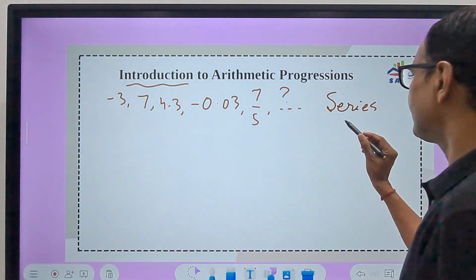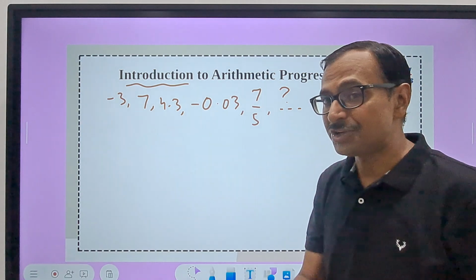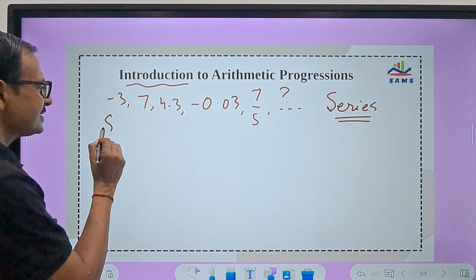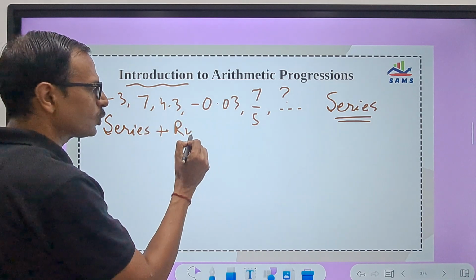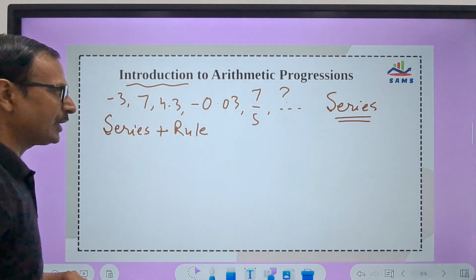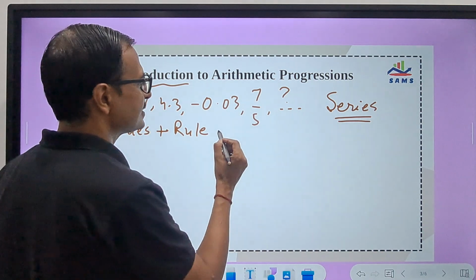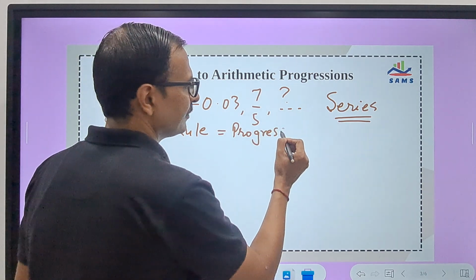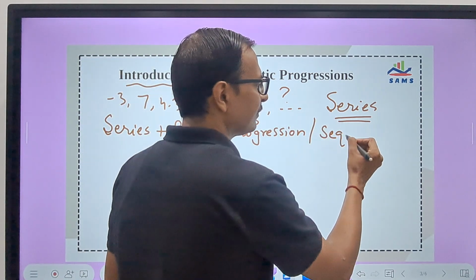And therefore we call it a series. That's it, a series of numbers which doesn't follow any rule. But whenever there is a series of numbers plus some rule through which we are writing that particular series, a series with a rule is known as a progression, or you can also call it a sequence.